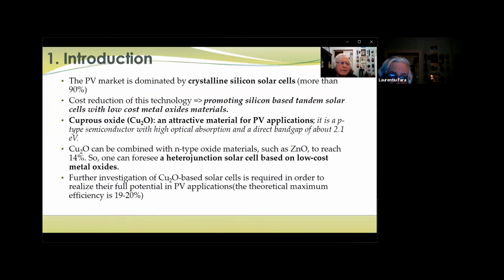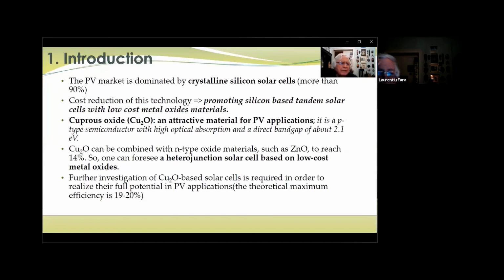This is important because it will allow lower cost. Copper oxide is an attractive material for PV applications.